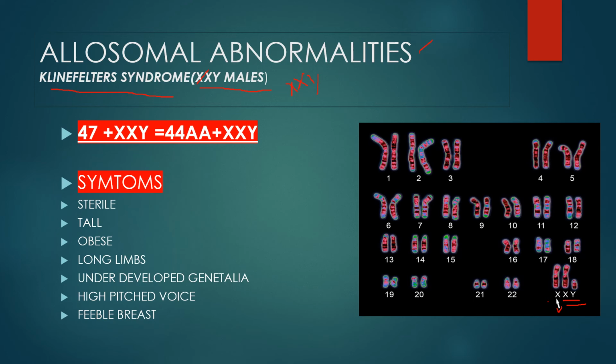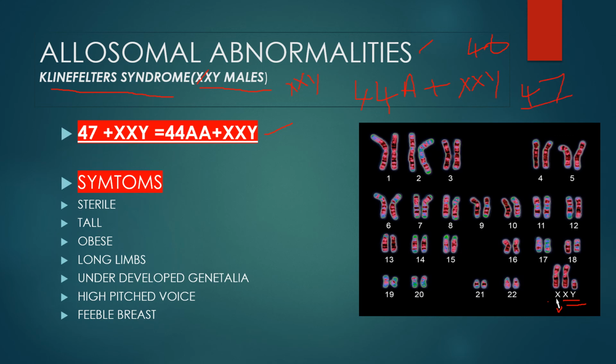Usually human beings have 46 chromosomes, but here the XXY males have 44 autosomes as usual, plus 3 sex chromosomes, X, X and Y, and that makes 47 chromosomes.